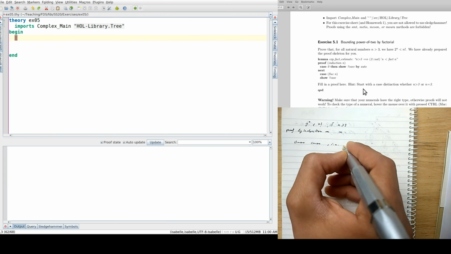So in our case, let's instantiate that. We assume that the theorem holds for n, which we call the induction hypothesis. So we have 2 to the n strictly smaller than n factorial if n is greater than 3. And we want to show that from that, if n plus 1 is greater than 3, then 2 to the n plus 1 is strictly smaller than n plus 1 factorial.